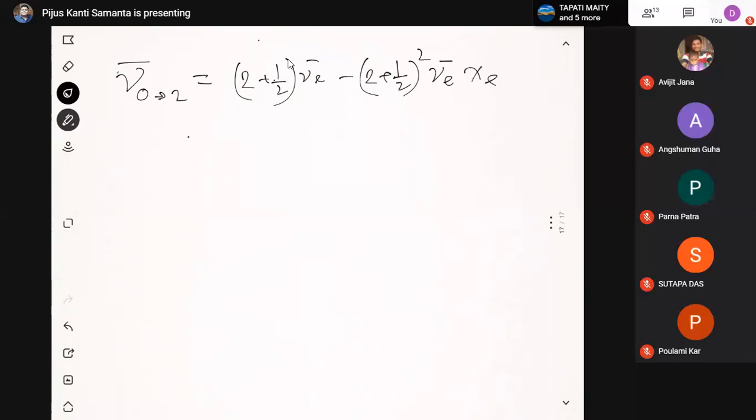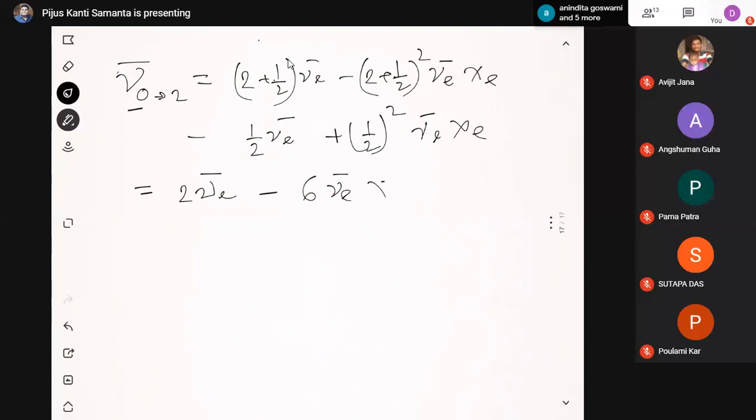It will be half nu bar plus half square nu bar chi e. So this will be 5 by 2 minus half, that is 2. 2 nu bar minus, this is 2 divided by 4 minus 1/4, that is 6. Right? So this will be 6 nu bar chi e. So you can take common this 2 nu bar, 1 minus 3 chi e.